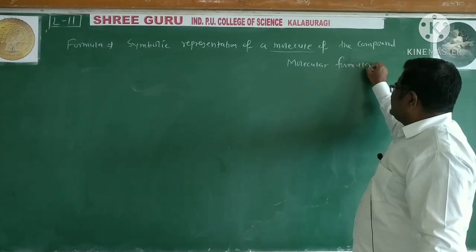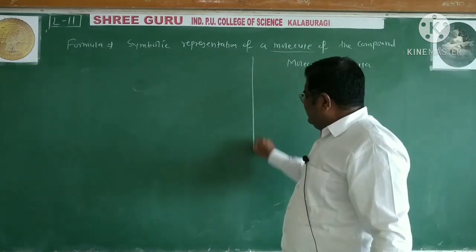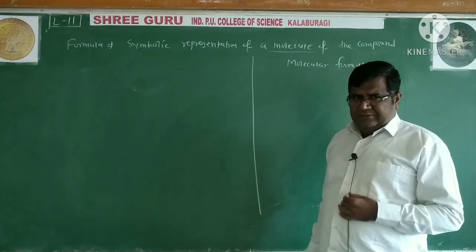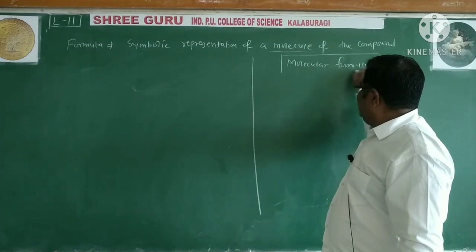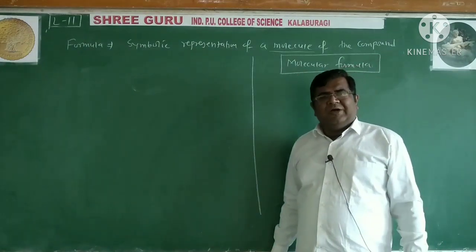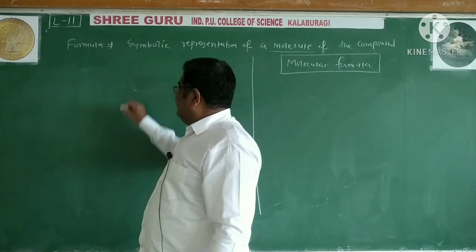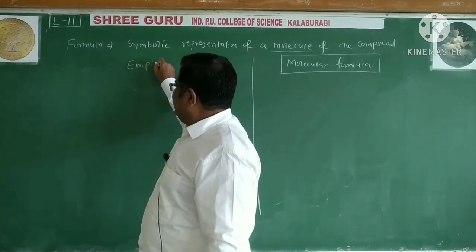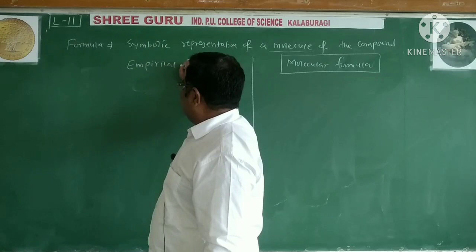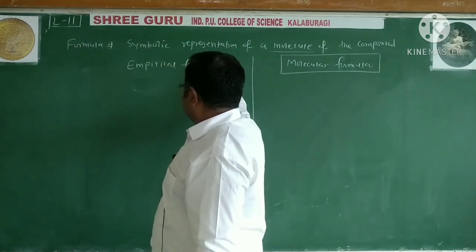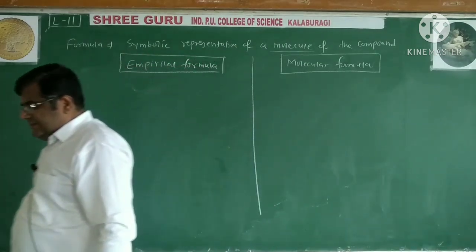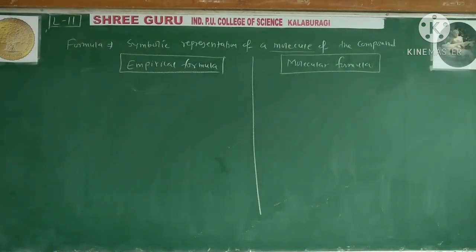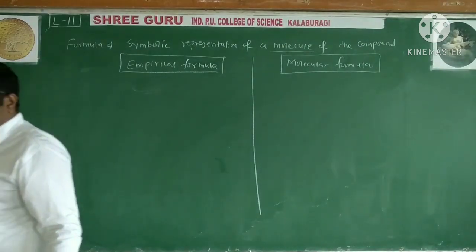How to determine that? This part we have to learn, of course, theoretically. Before this molecular formula, there is another type of formula which we have to determine, and it is called the empirical formula. What is the difference between empirical formula and molecular formula?